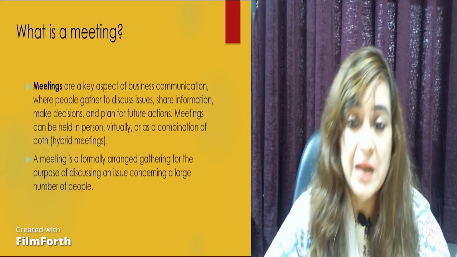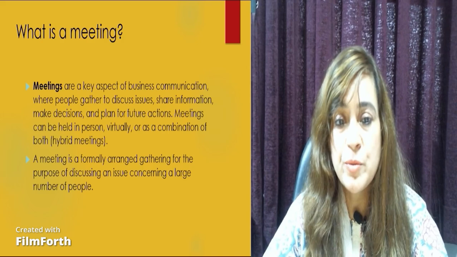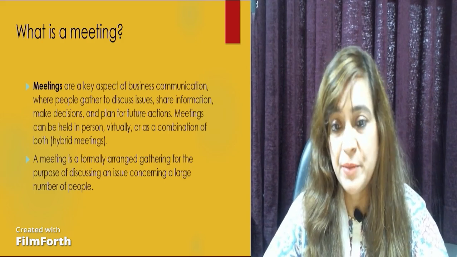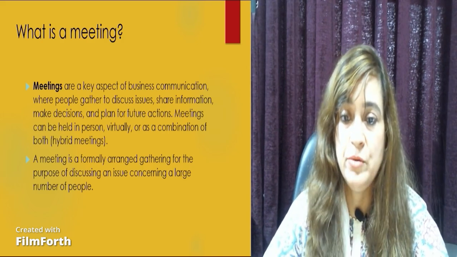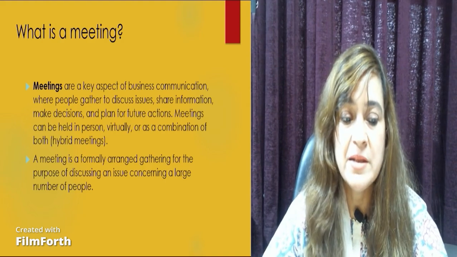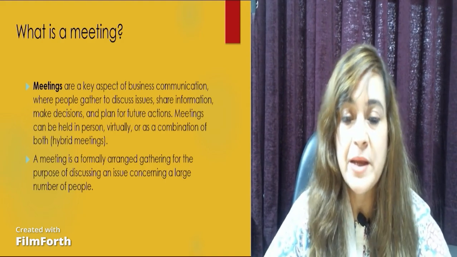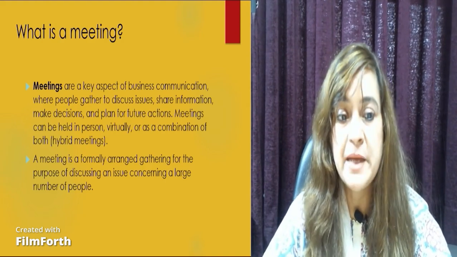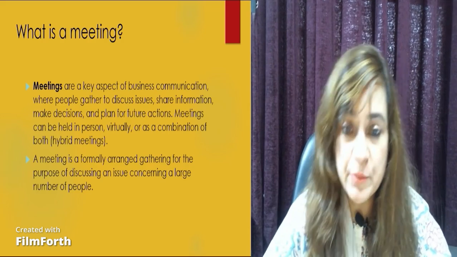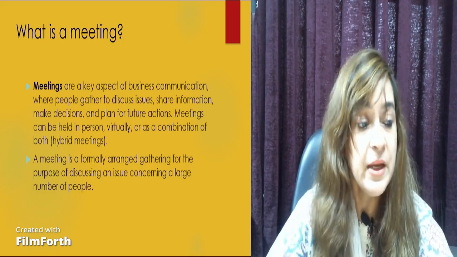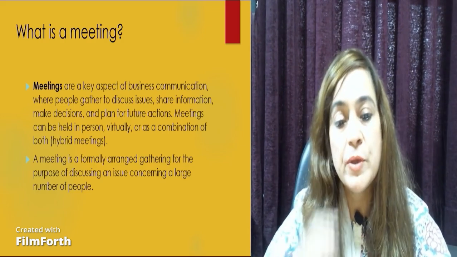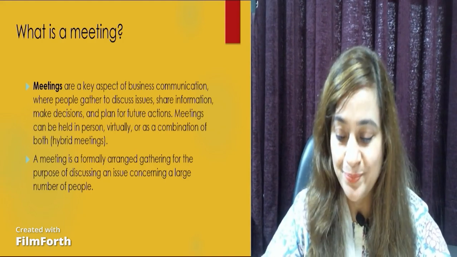Since it involves a large number of people, one has to be very careful when it comes to a meeting, because time, date, everything has to be planned. And once it is planned, the people can be informed, and then everybody can come together and hold a meeting in an organization.